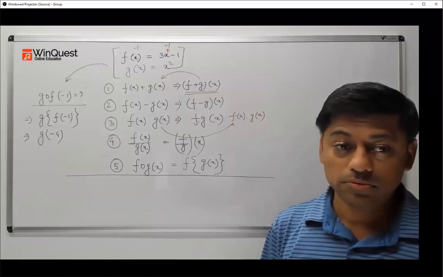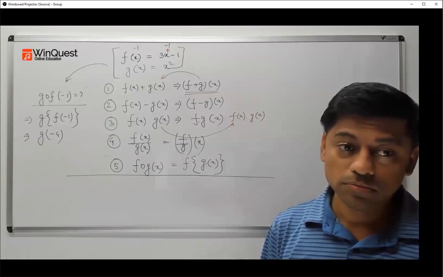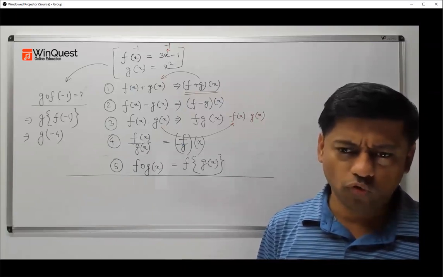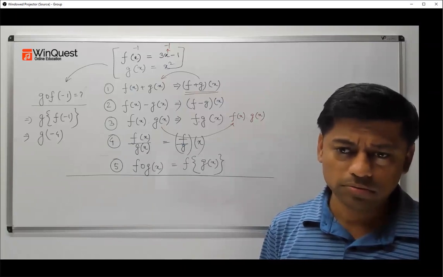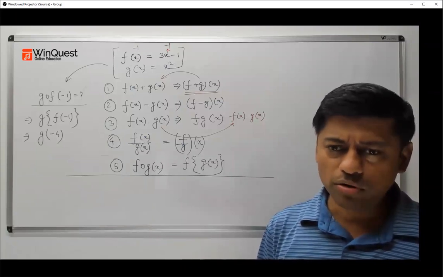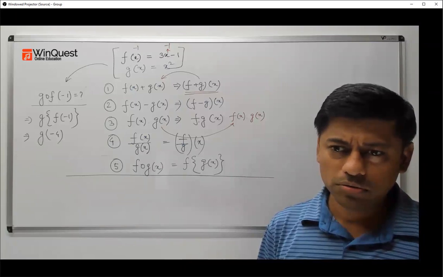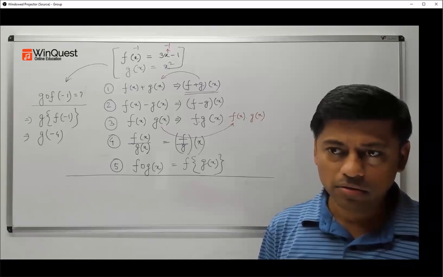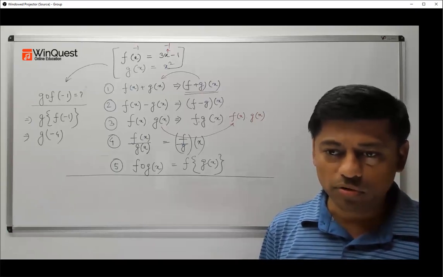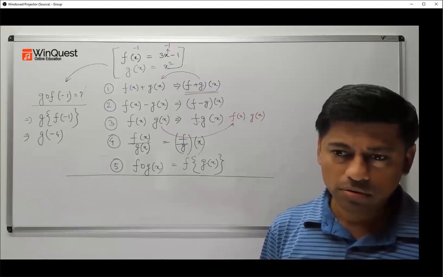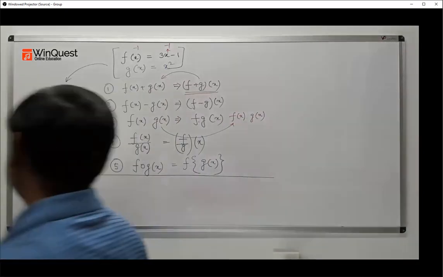So negative 4 squared, which is 16. Is it negative 4 squared or just -4? It's negative 4 squared. Yes, it is.